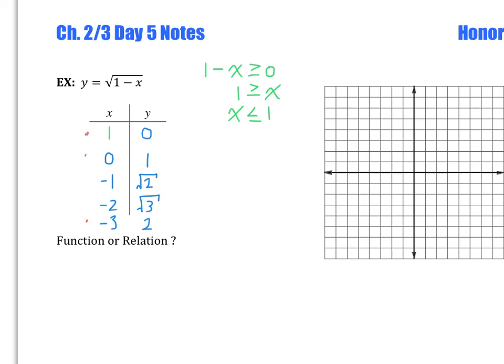Okay, but again, we have to be aware that when we're plotting, this is our domain. X has to be less than or equal to 1, so we're going to have a starting point there. We'll get into graphing square roots a little bit more later on with more detail, but this is a good start. All right, so we have the point (1, 0). We have the point (0, 1).